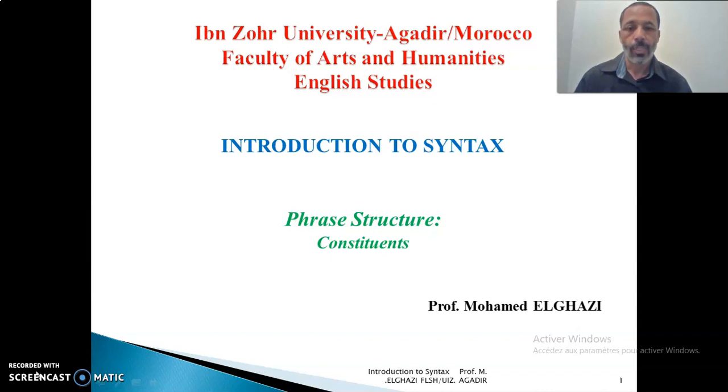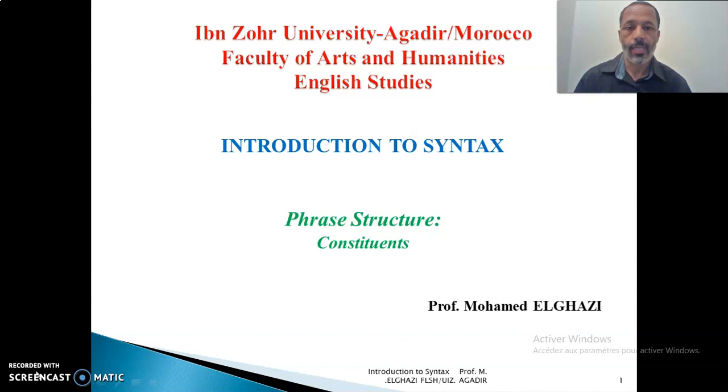Today, we move to another chapter, which is about syntactic structure. We're going to see two types of structures, phrase structure and argument structure. In phrase structure, we're going to see first the definition of constituent.